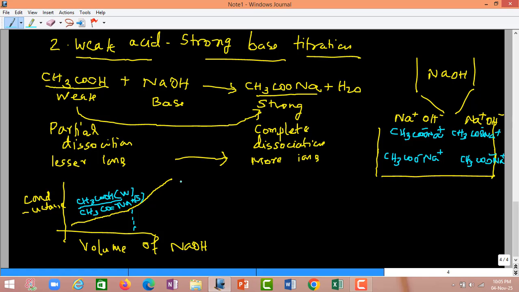And beyond the end point, we find the conductance further increases because of excess of the strong base Na+ OH-, which completely dissociates. And this is the graph which you get for a weak acid strong base titration.